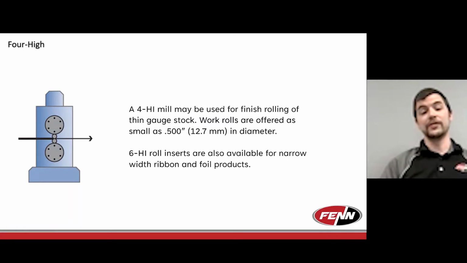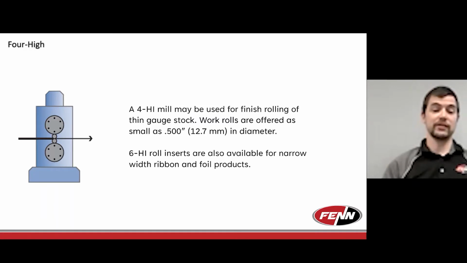So the roll is allowed to gauge extremely thin, but in return, by going with a roll that small, you are using a very small bearing, so you have very little load that the mill can take. For certain applications, you want to roll thin, but the amount of force the material exerts on the system naturally becomes too much for the bearing in a small roll of that size to handle.